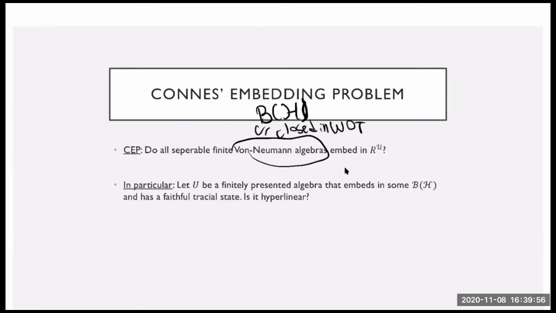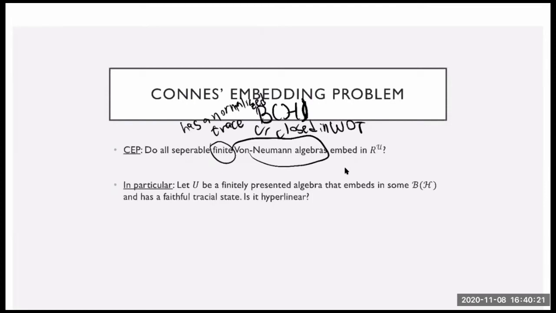Any subalgebra of B of H which is closed in the weak operator topology is called a von Neumann algebra, and it is also finite, which means it has a normalized trace. Does it mean that it embeds inside the hyperfinite II_1 factor?